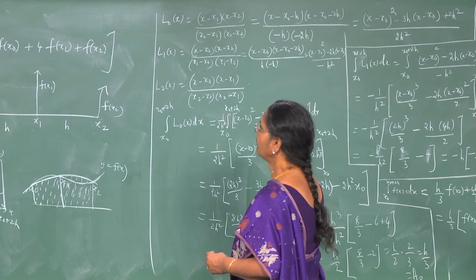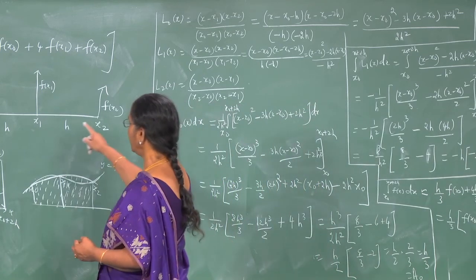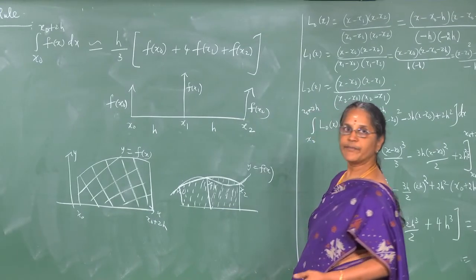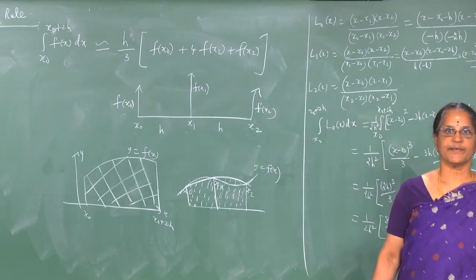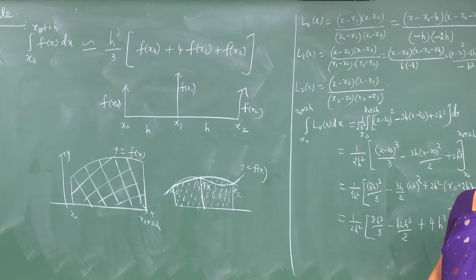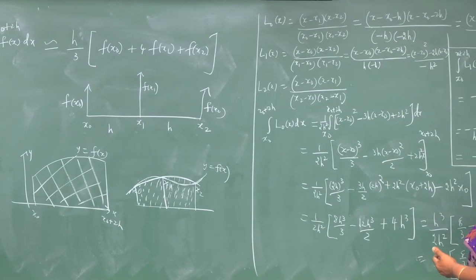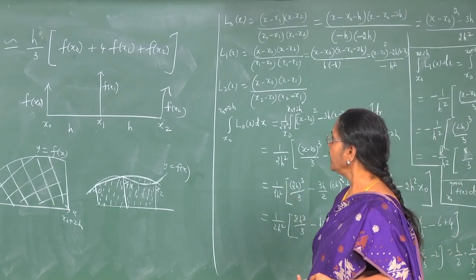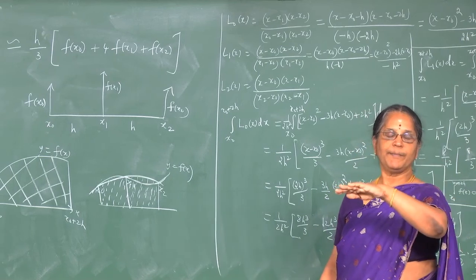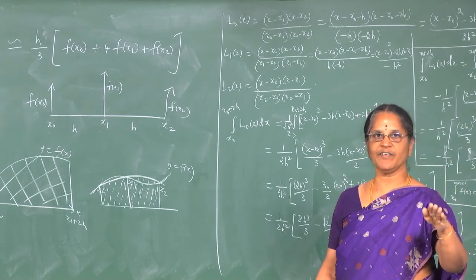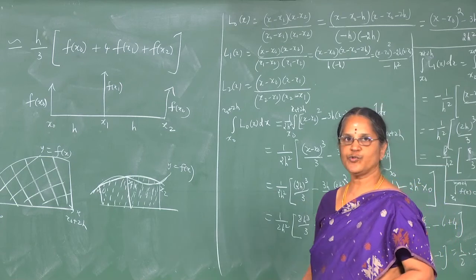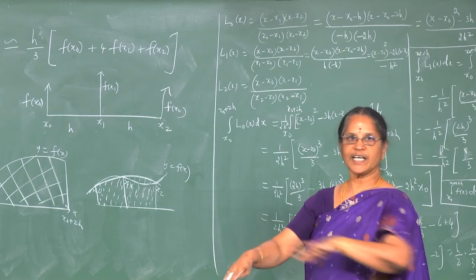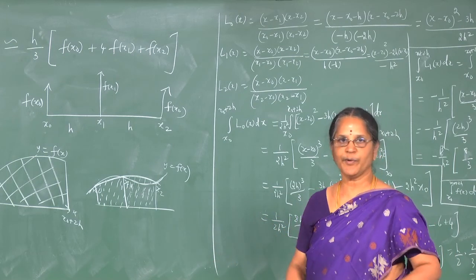And these rules are valid for the case when the nodes are equally spaced, and geometrically they represent the corresponding areas bounded by a trapezium in the case of the trapezoidal rule, and the area bounded by a parabola passing through the 3 points x0 f of x0, x1 f of x1, x2 f of x2, and the ordinates at the end points and the segment along the x axis between the end points.